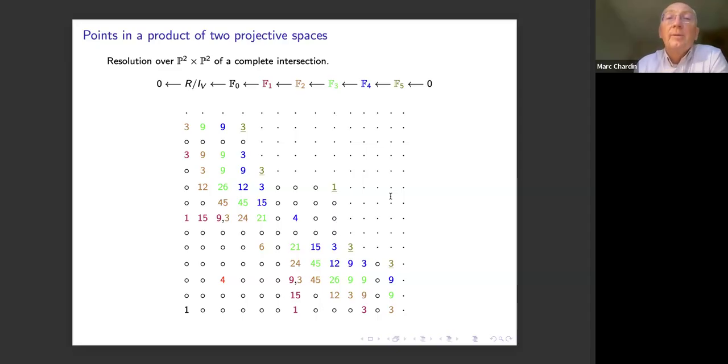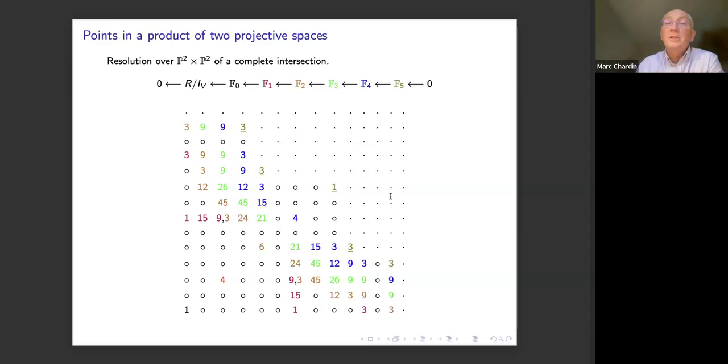So F2 bounds the regularity in, say, the X set of variables. If you want the last place where you have the last shift in one direction or the other, it can be seen from the first three steps in the resolution, F0, F1, F2, and that's general.